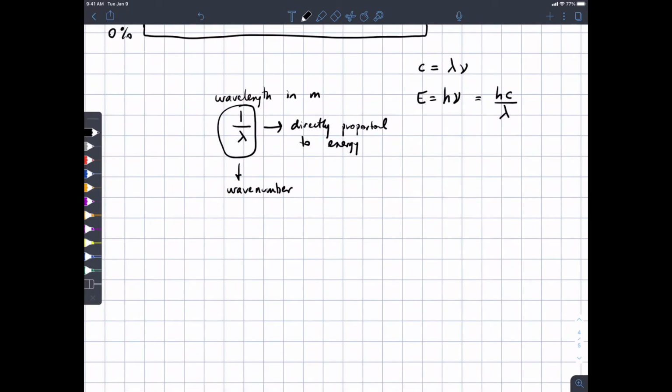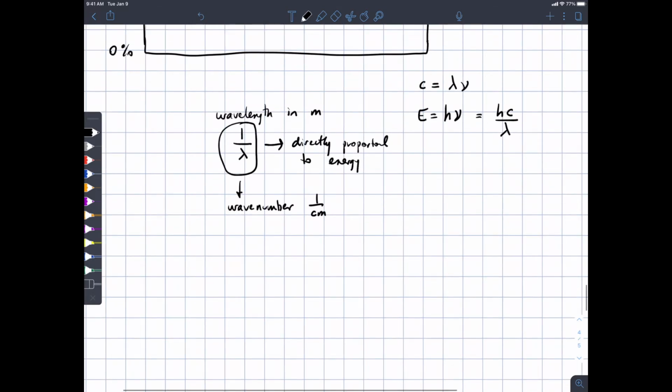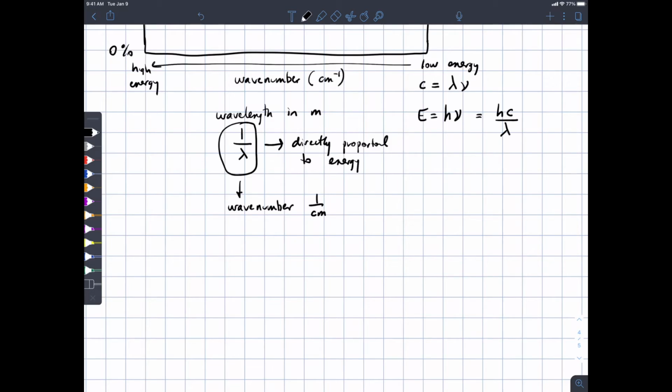And typically the units are, again, for weird, inconvenient purposes, 1 over centimeter. I don't get it, but it's usually from low numbers on the right to high numbers on the left. High energy vibrations, low energy vibrations, and we call that axis wave number, and the units are inverse centimeters.